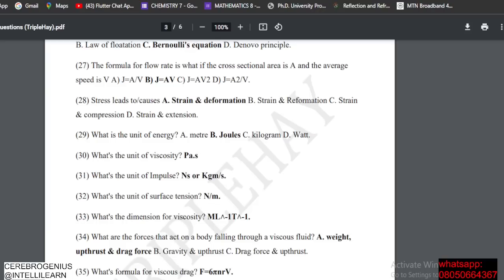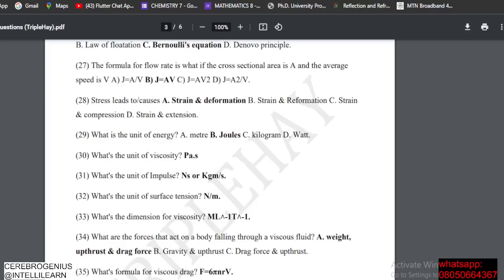Strain and compression is also correct, depending on which kind of stress. So this question has some amount of ambiguity in it. We need to know what kind of stress they mentioned in the question. If the question mentioned longitudinal stress, or axial stress, then the answer is going to be compression.